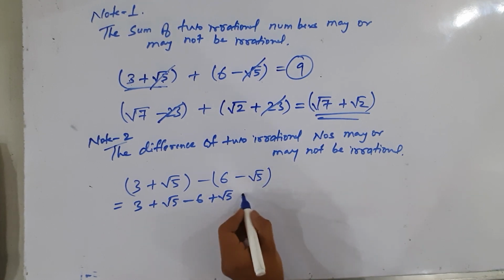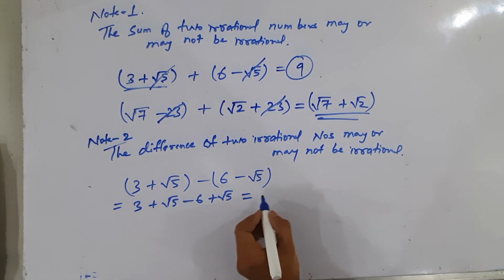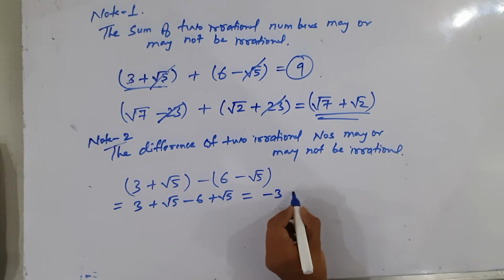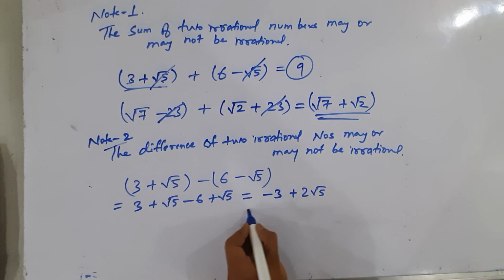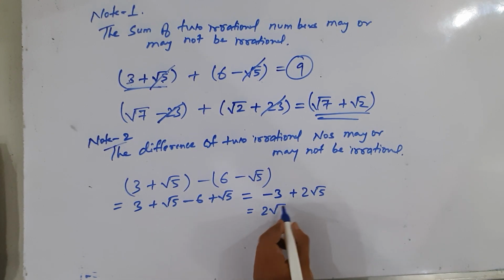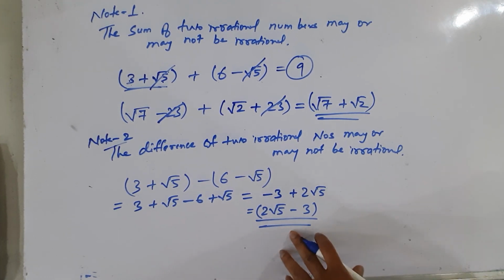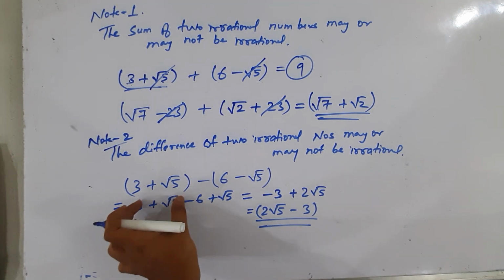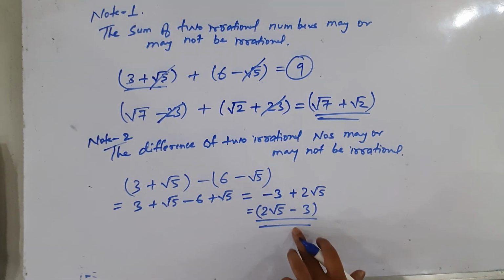Here 3 minus 6 will be minus 3, and root 5 plus root 5 is 2 root 5. In another way we can write 2 root 5 minus 3. So this 2 root 5 minus 3 is irrational, and we have subtracted two different irrational numbers. So we are getting irrational minus irrational is irrational.